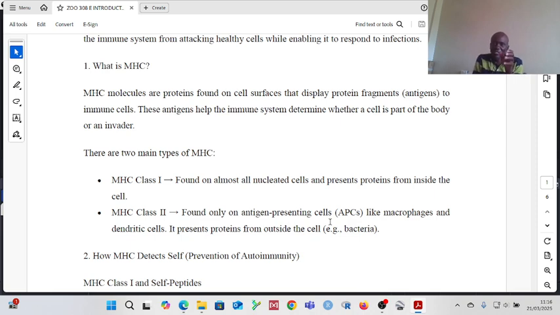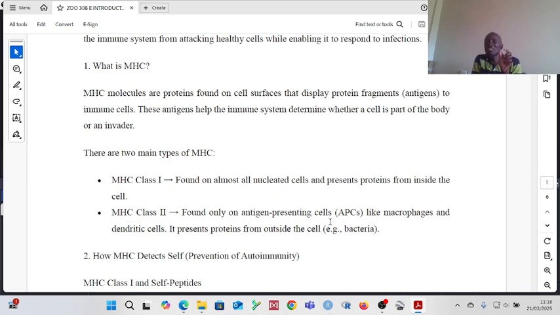These protein fragments being displayed to the immune cells are the ones that help the immune system determine whether the cell that the proteins came from is part of the body or is an invader.